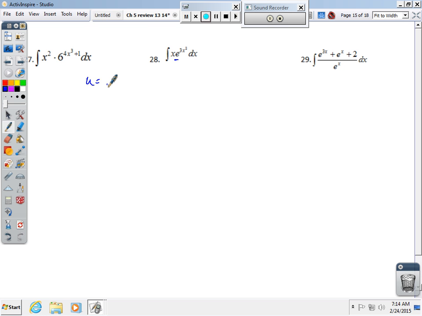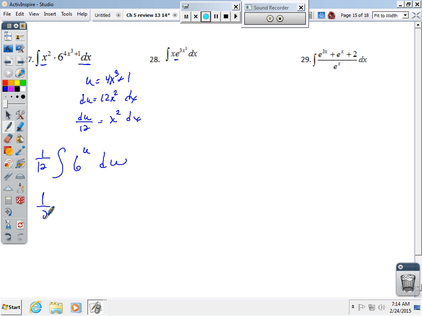So u is going to be equal to 4x cubed plus 1, du equals 12x squared dx, and I'll divide out the 12. That means x squared dx. So I'm going to get a 1/12 integral of 6 to the u du.